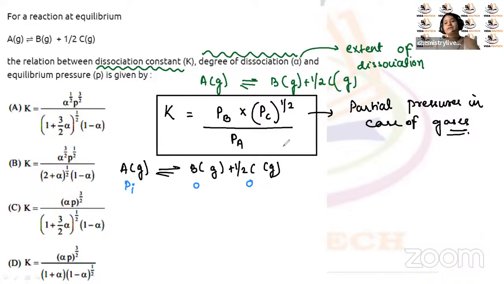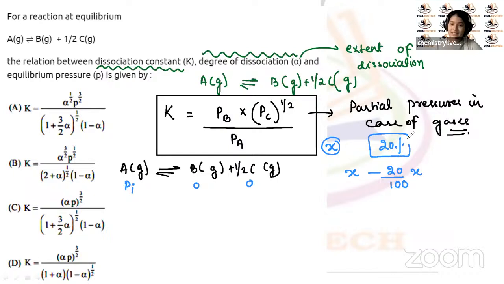Now it dissociated. Suppose I tell you there is 20% dissociation. Initially it was X, there is 20% dissociation. So how much is remaining? You are going to say that it was originally X minus, now 20% dissociation has taken place, that is 20 by 100 into X. Right? This much is remaining.